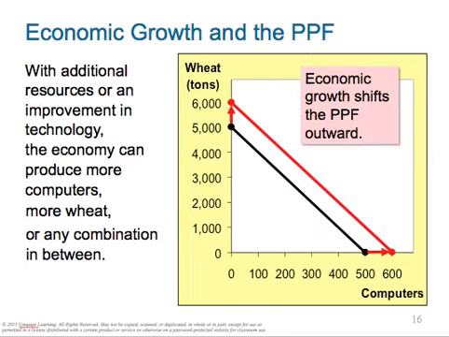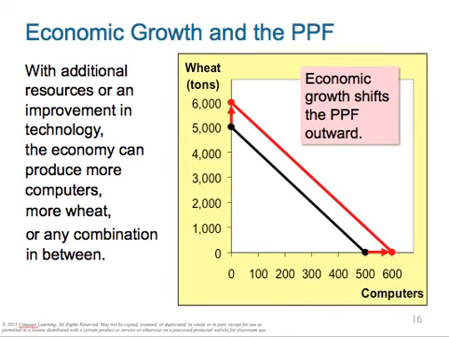With additional resources, or an improvement of technology. So if you got more labor hours, or you found a new technology that allowed you to produce wheat and or computers at a higher level of production. Say you got a new fertilizer that increased wheat yields, or you found a new microchip processor that allowed you to build computers faster, whatever it was.